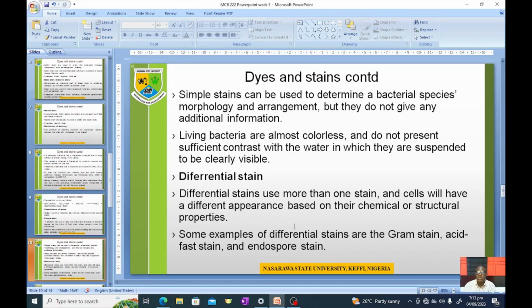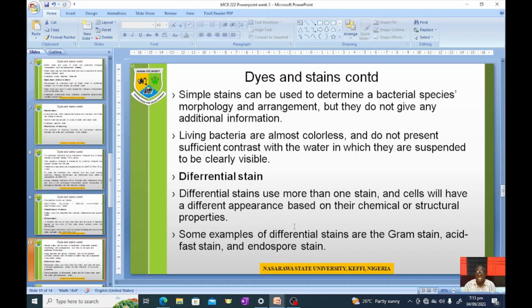Living tissues or living bacterial cells, for instance, are almost colorless and do not present sufficient contrast with the water in which they are suspended to be clearly visible. As said earlier, if not for the stain which imparts a contrast, you may not be able to say, oh, there is a bacterial cell lying here, there is a bacterium in this suspension, because the differentiation will not be there.